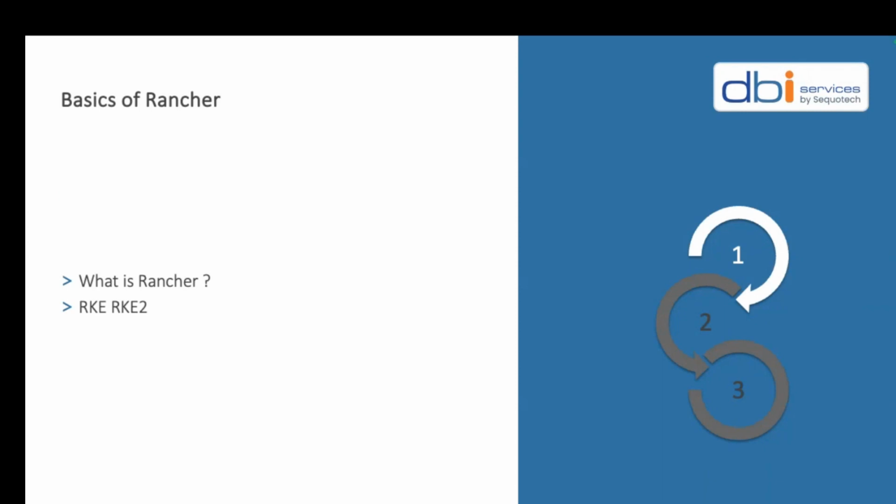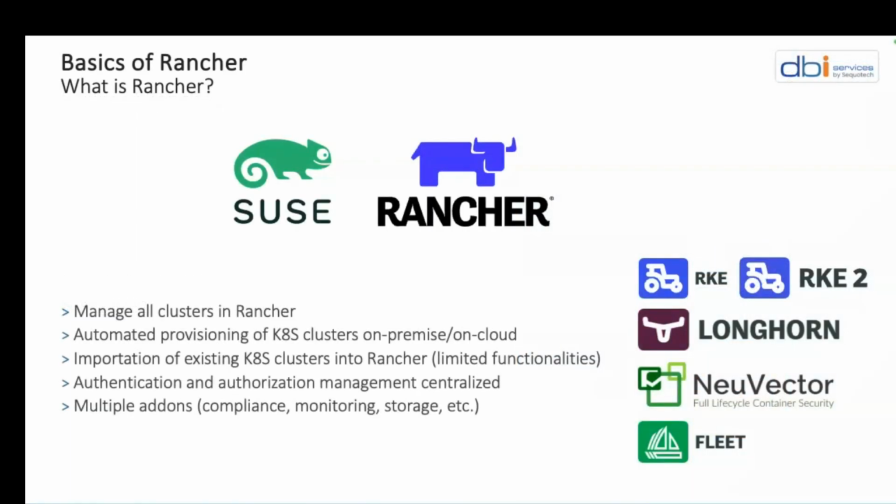So we'll do a quick introduction of Rancher and of RKE, RKE2. Basically, Rancher is an application that helps you manage your Kubernetes clusters located anywhere, either on cloud or on-premise. And also, it can help you with the provisioning of Kubernetes clusters. So you can provision clusters using cloud provider Kubernetes solutions, such as EKS, AKS, GKE, and others.